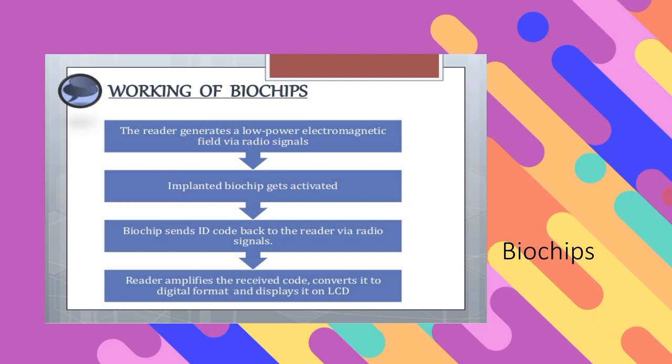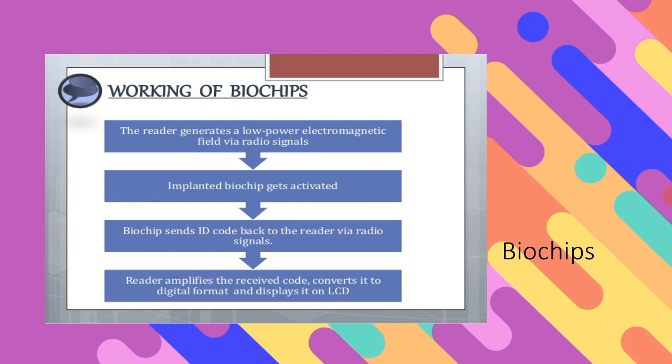Once the transponder is activated, it will send signals, that is the ID number, back to the reader. That ID number signal will be received by the reader with the help of the receiving coils.